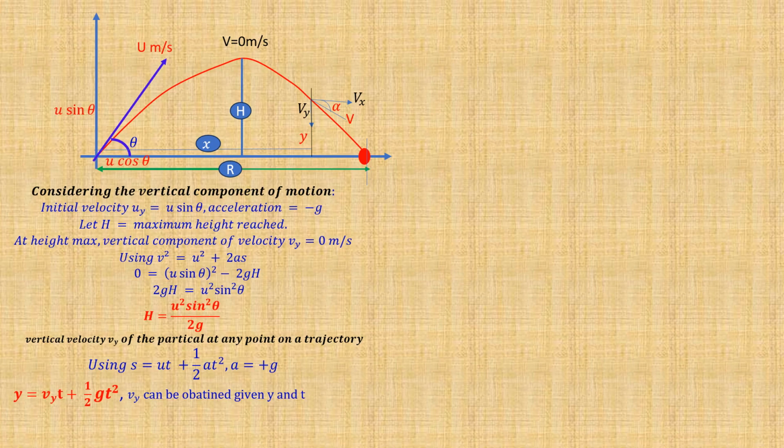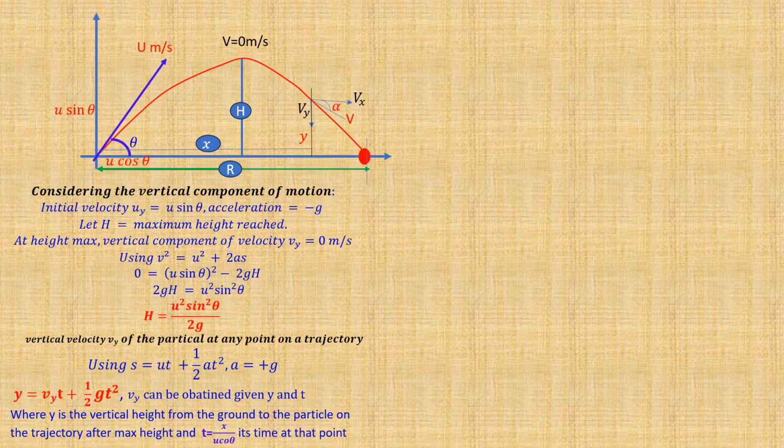When I substitute in here, I have y as my vertical distance measured from the horizontal ground to the point where I'm studying that particle, and t as the time at that point, which I can also get from measuring the horizontal distance x from the point of projection, with the initial horizontal velocity component u cos theta. When I substitute back, I get my answer, and that will help me get the vertical component of the velocity at the point where I'm studying it.